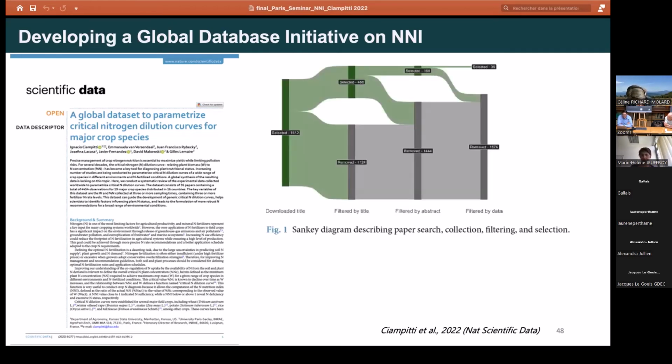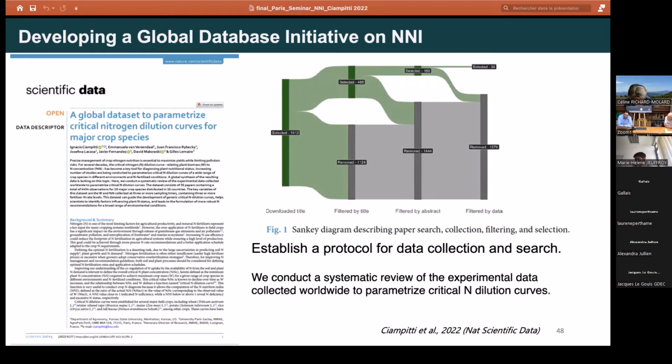And the publication, what it does, was a review where basically we tried to collect all the data that was available and ready, share it, establish a protocol, and then do a systematic review, and try to open a new database on nitrogen nutrition index for multiple crops.